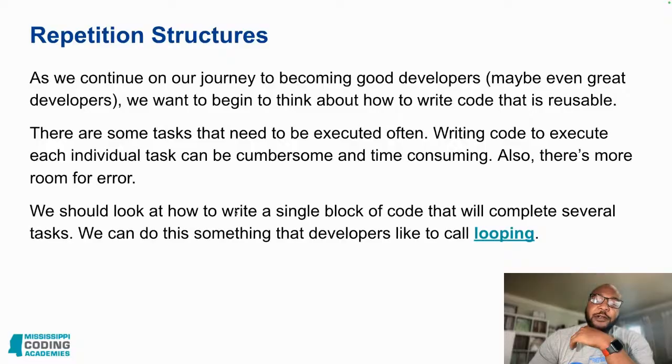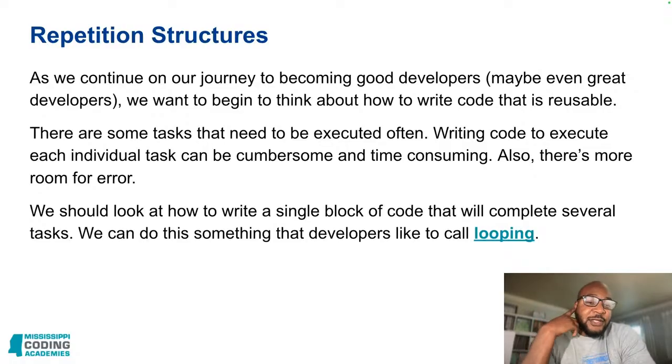As we continue on our journey to becoming good developers, maybe even great developers, we want to begin to think about how to write code that is reusable. That is one of the key things to development. You want to be able to write code that is so elegant and clean that you can take it and replicate it in other places.